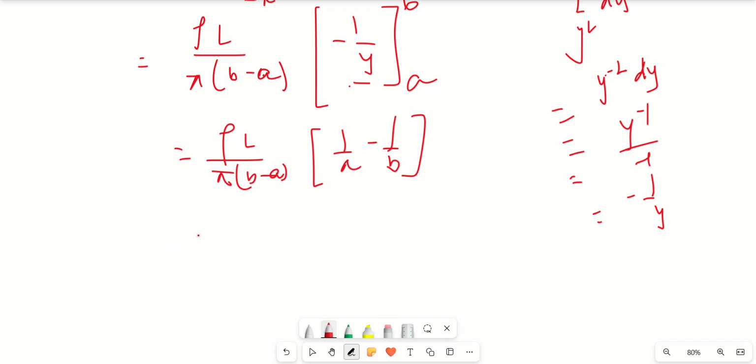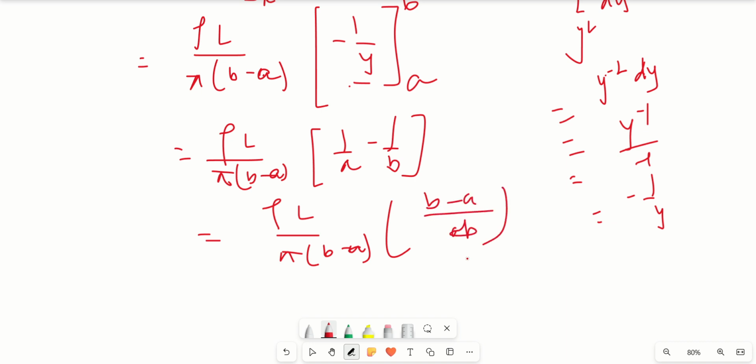So now we can find rho L by pi b minus a, and 1 by a minus 1 by b is b minus a by ab.